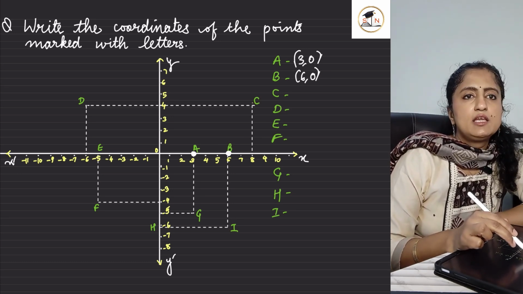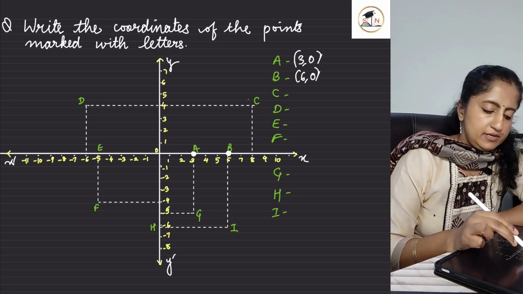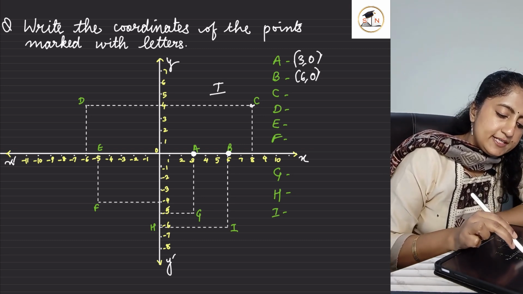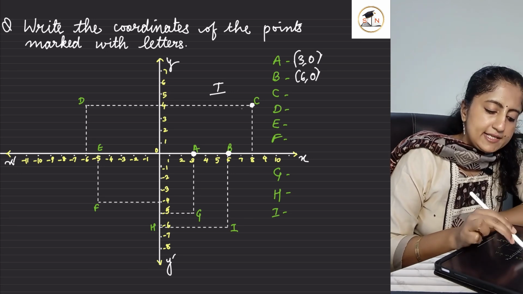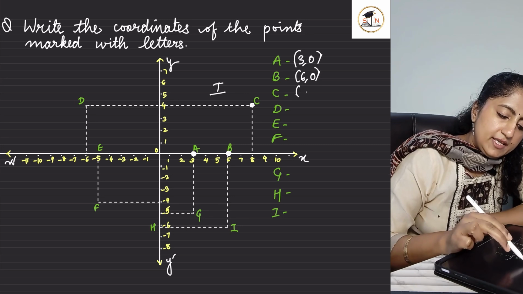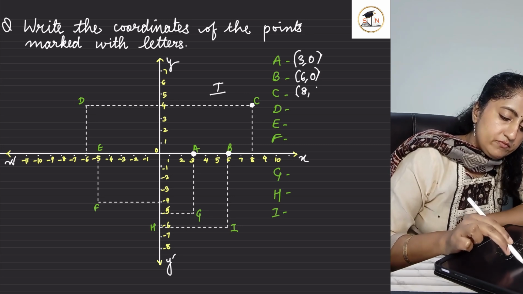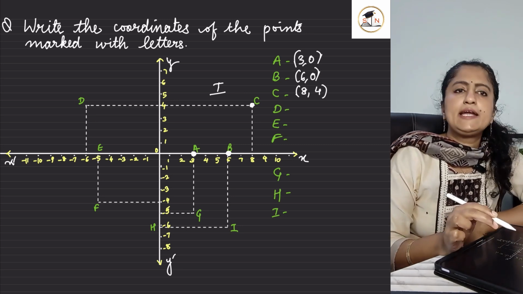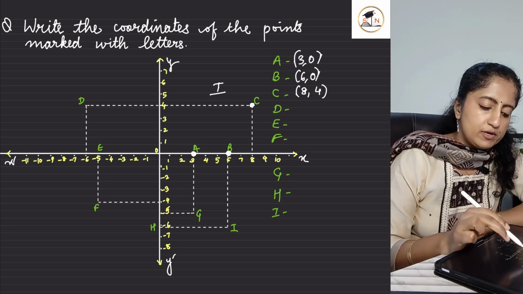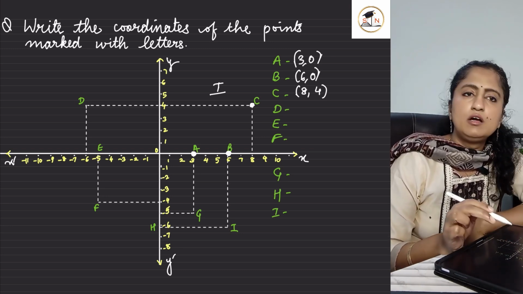C exists in the first quadrant, right? This is your first quadrant. So now what are the coordinates for C? There are dotted lines already connecting. So first we are going to write 8 and then 4. We always write x first, we always write y next. So the coordinates for C is 8, 4.